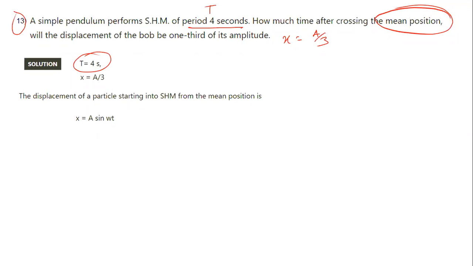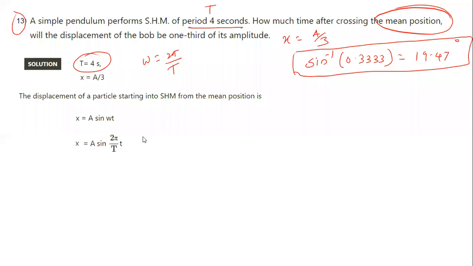So we can write omega is 2 pi by T. Then we get formula of displacement is equal to a sin 2 pi by T into t. Here x we substitute a by 3. Then a and a from a by 3 get cancelled.